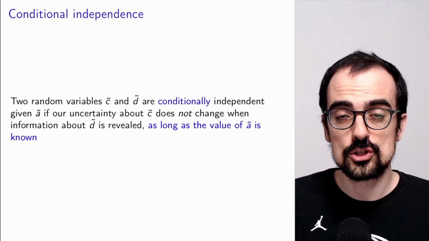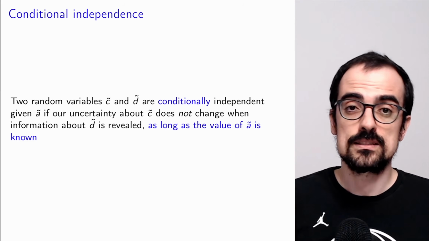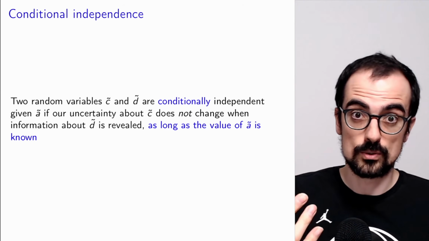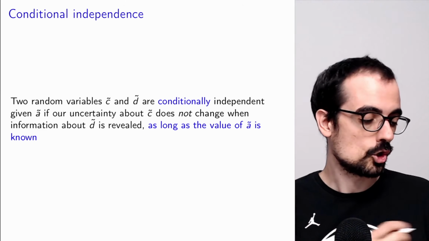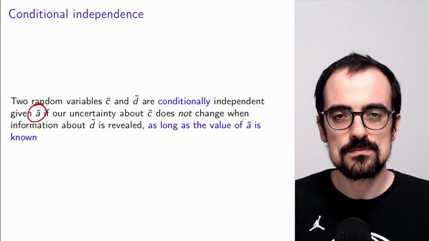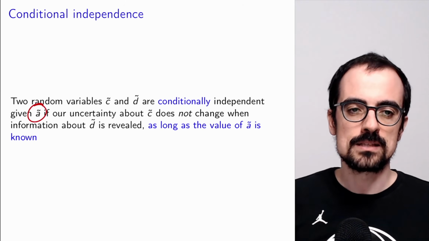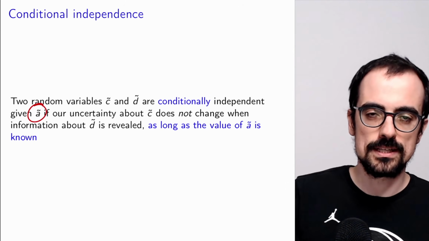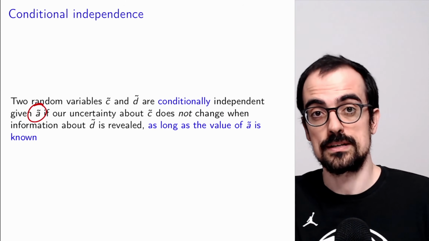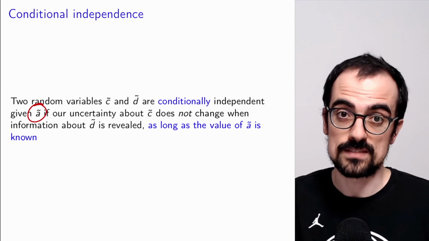We can also define the conditional independence between a discrete random variable and a continuous random variable conditioned on another random variable. The idea is exactly the same. If we know this other random variable A, then our uncertainty about C does not change when information about D is revealed, or vice versa.